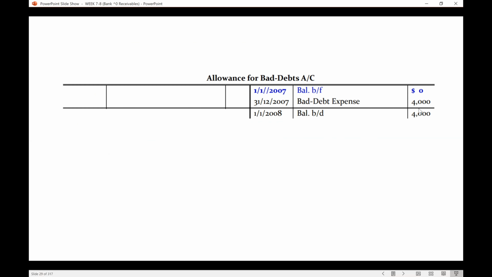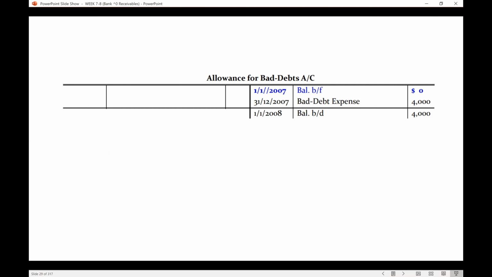Remember in the question, what did it say to us? It said to keep running balances, right? And simply what running balances mean is at the end of each transaction, you need to know what the balance is. If you look at our prior video, we closed off an account, found the difference between the two sides, put in the balance carried down, and carried the balance down on the opposite side.